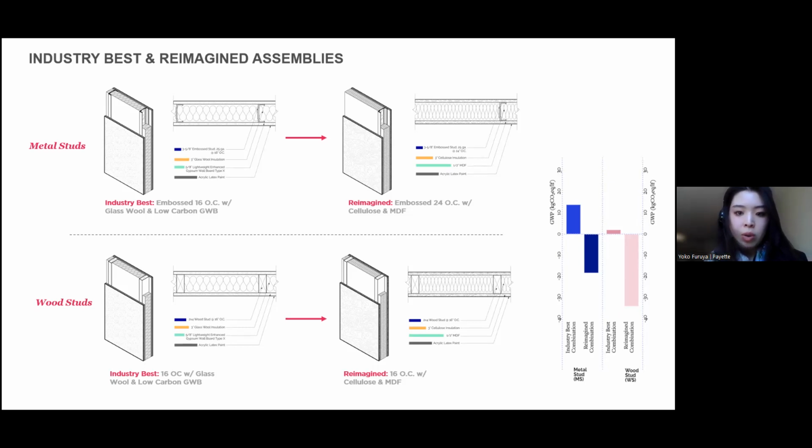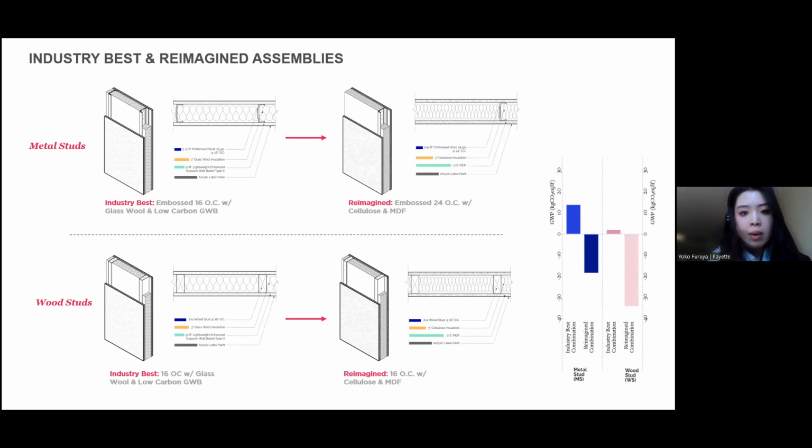So you want to make sure to use all of these together. For both metal and wood, this means spacing your studs at 16-inch and using glass wool and low carbon gypsum wallboard, and using an embossed stud for a metal stud assembly.